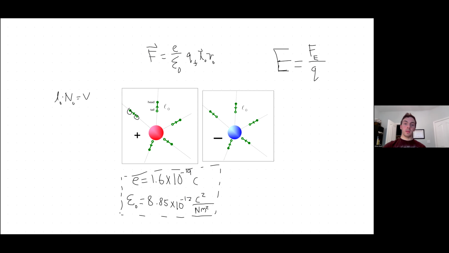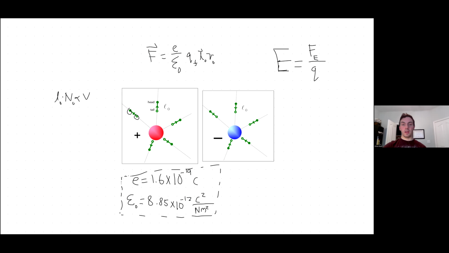So we're given here our constants. We're given that the elementary charge is 1.6 times 10 to the negative 19th coulombs. For electrons, it'll be this charge, but negative. And then we're given our permittivity constant, which is 8.85 times 10 to the negative 12 coulomb squared per newton meter squared. And these factor in really nicely to our equation.